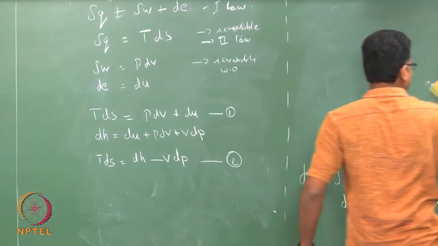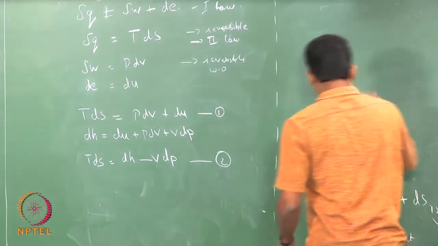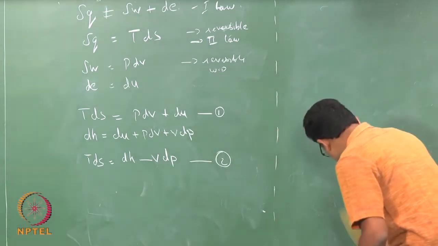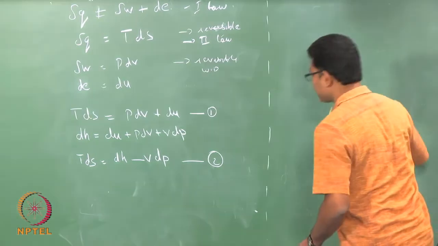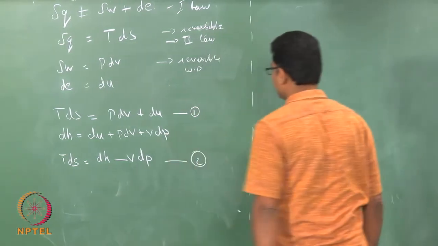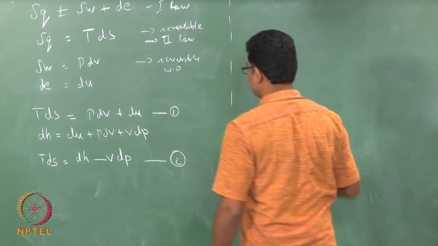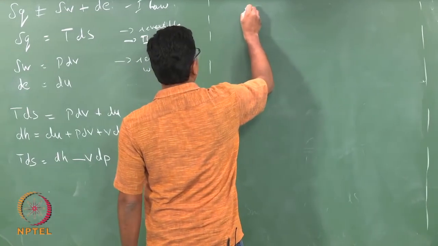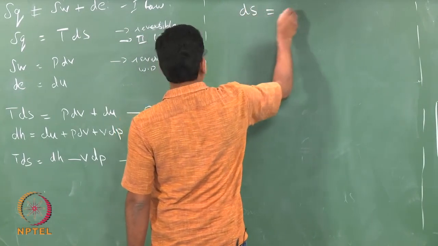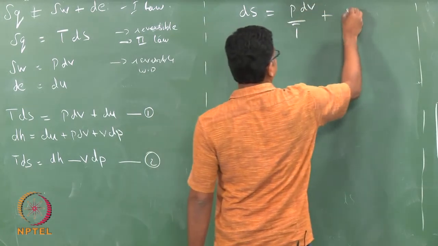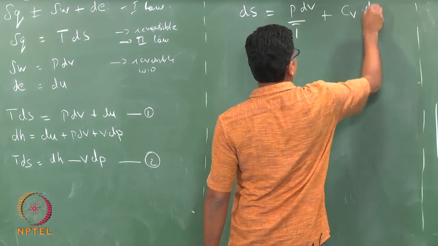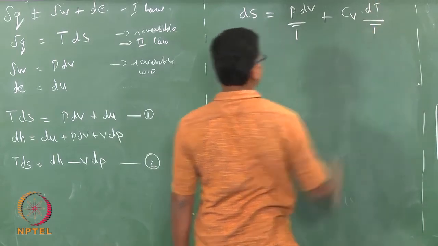From these two equations we can derive a few other forms of change in entropy. For example, let us take equation 1. Your dS is PdV by T plus dU by T, and I can write dU as Cv dT.